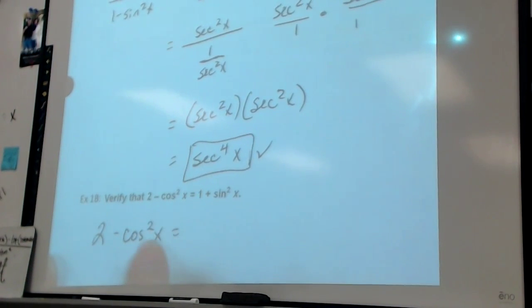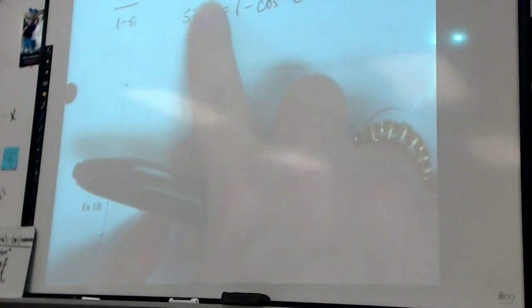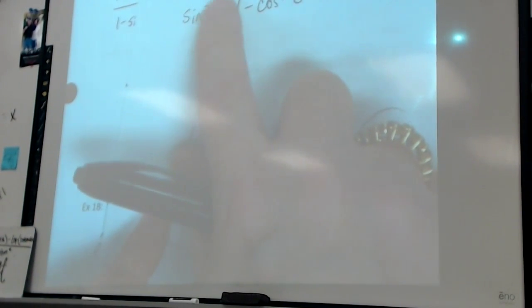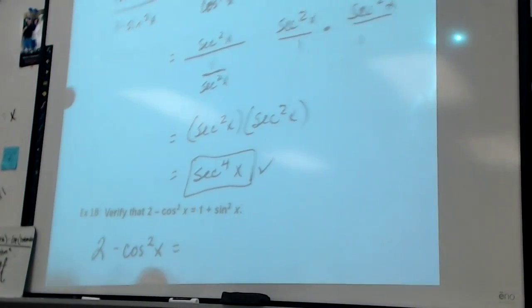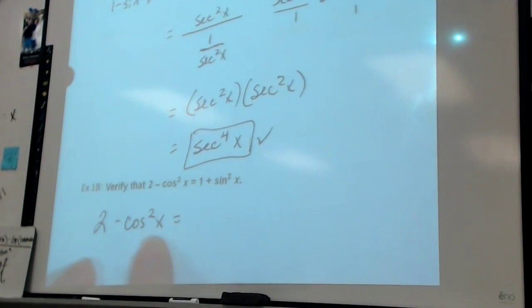Well, if I look at my Pythagorean identities, I have a Pythagorean identity for cosine squared x that has sine squared x in it. Right here it says cosine squared theta, or x, whatever, is equal to 1 minus sine squared theta. So I can replace cosine squared x with 1 minus sine squared x.